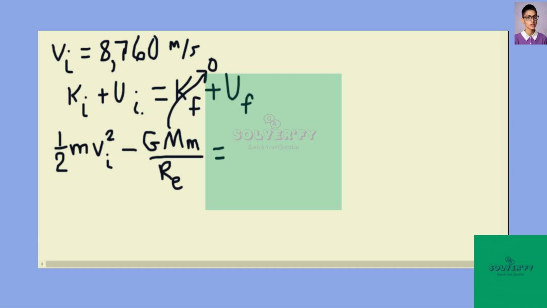And that's going to equal negative G M m over R Earth plus altitude. The m's cancel out, little m's.